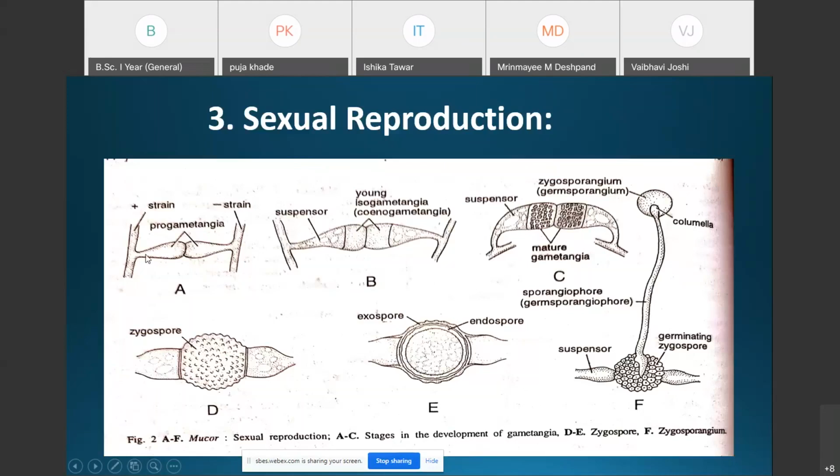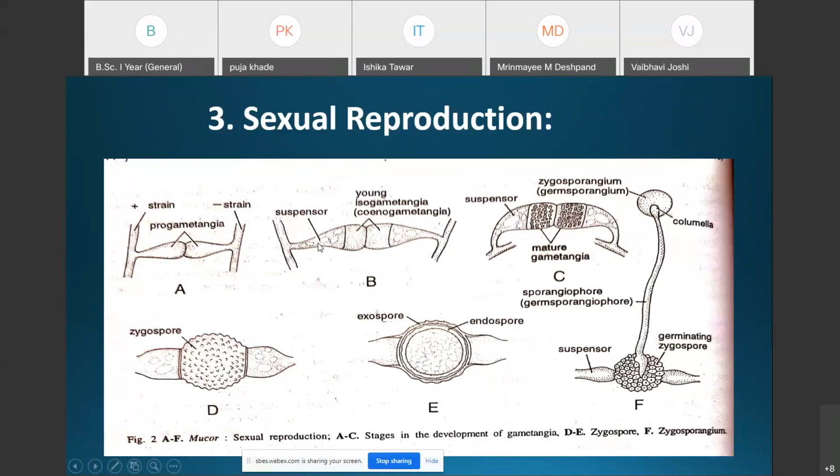Then a transverse septum is formed near the tip region in both progametangia. The basal region, the proximal part, is called the suspensor.